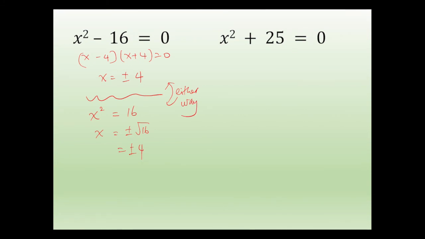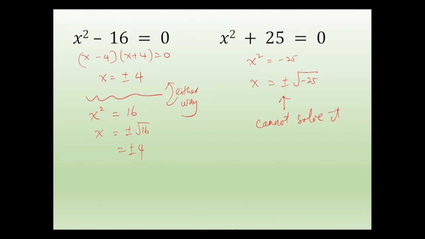What about the next one? x squared plus 25 equals 0. Obviously, we can't actually factorize it. What about x squared equals minus 25? We now have x equals plus or minus the square root of minus 25. Here, you cannot solve this problem because the square root of minus 25 does not exist in the real numbers. It is a complex number. You will learn complex numbers a little bit later.